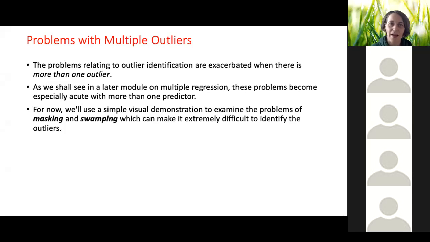In most cases, we have quite a few data points that are influential and maybe not quite consistent with the other data points. And then we encounter several problems, and the most important ones are called masking and swamping.